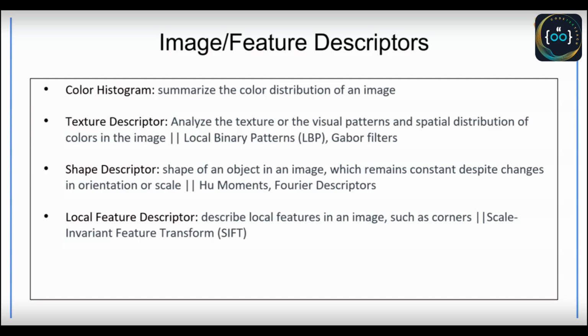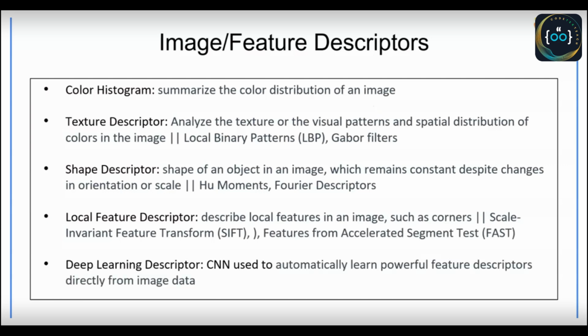The most well known local feature descriptor is the scale invariant feature transform or SIFT, but others include speeded up robust features or SURF, features from accelerated segment test or FAST, and binary robust independent elementary features or BRIEF.